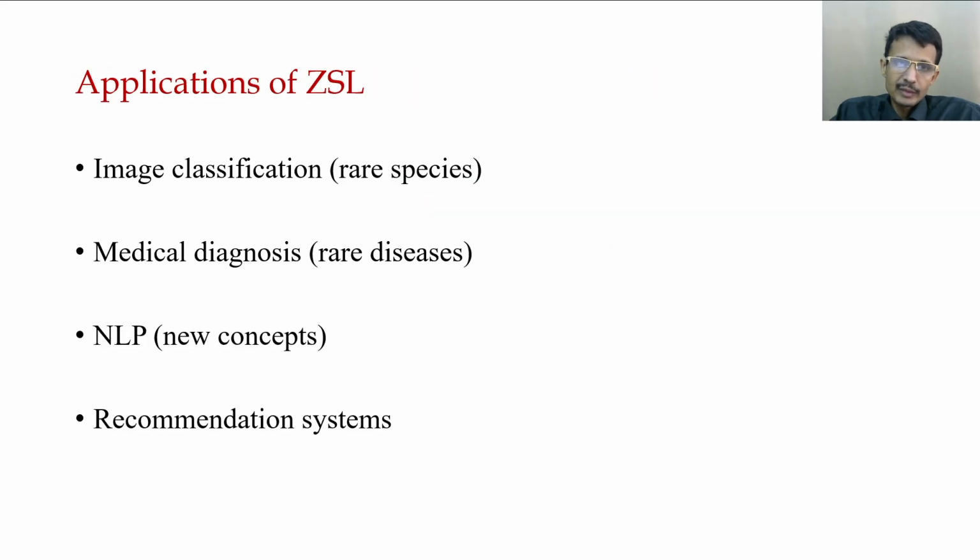Now we quickly look at the applications of zero-shot learning. In image classification, we have seen there are some rare species, meaning labeled examples are unavailable, where zero-shot learning may be used. Or medical diagnosis, some rare diseases, where the pathological reports in any modality, maybe X-ray, MRI, or CT, are not available.